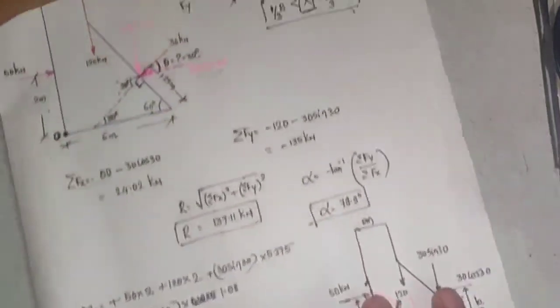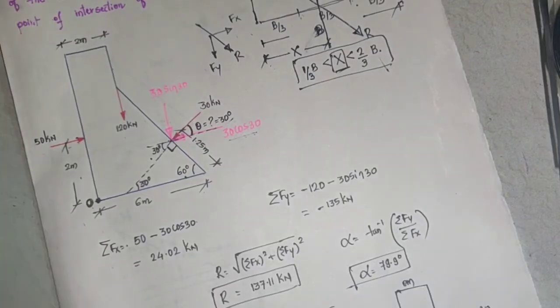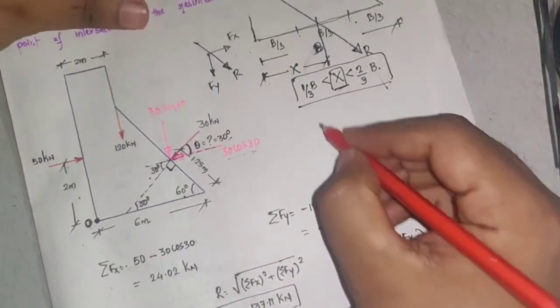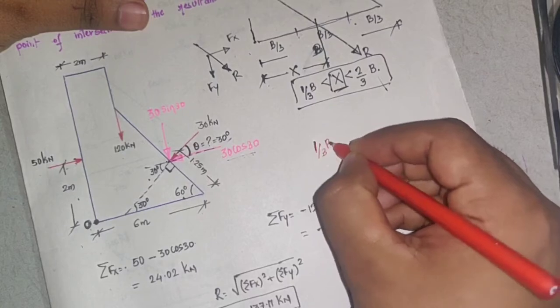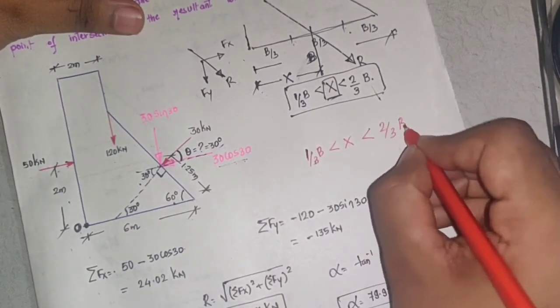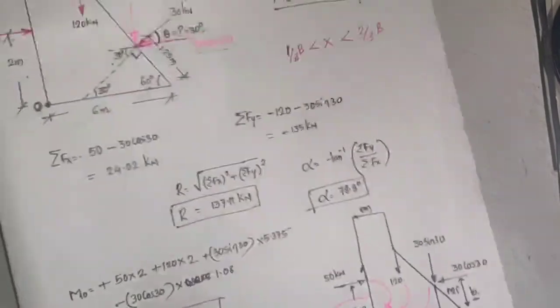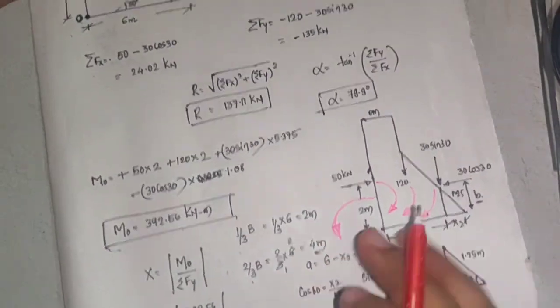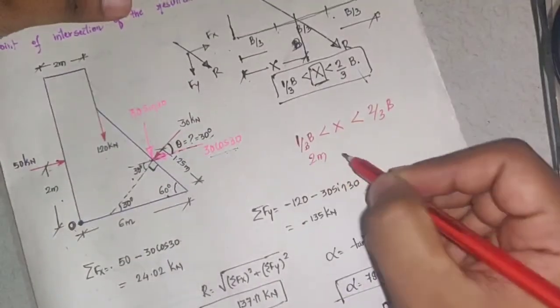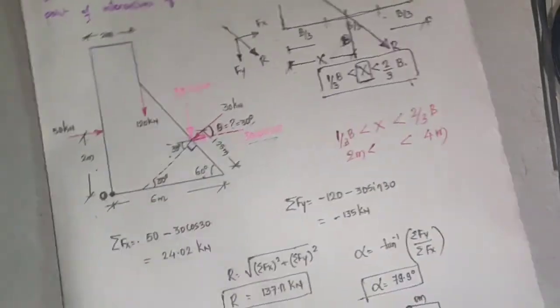For the dam to be safe, 1/3 of B is less than x, which is less than 2/3 of B. The value of 1/3 of B is 2 meters and 2/3 of B is 4 meters. What is our value of x?